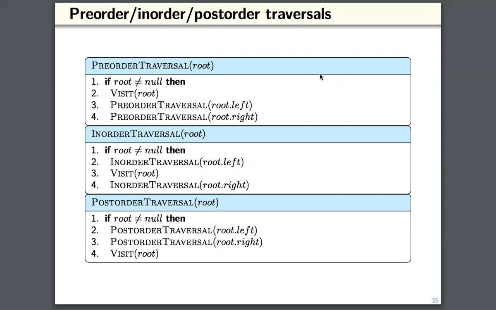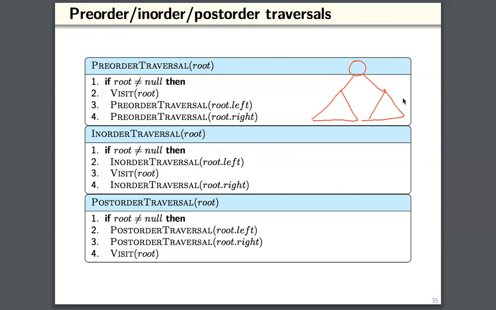Suppose this is a root, and then you have the left subtree and right subtree. How do you define pre-order traversal? Pre-order traversal of a tree rooted at root is defined like this. If root is equal to null, there is nothing to scan, the job is done.